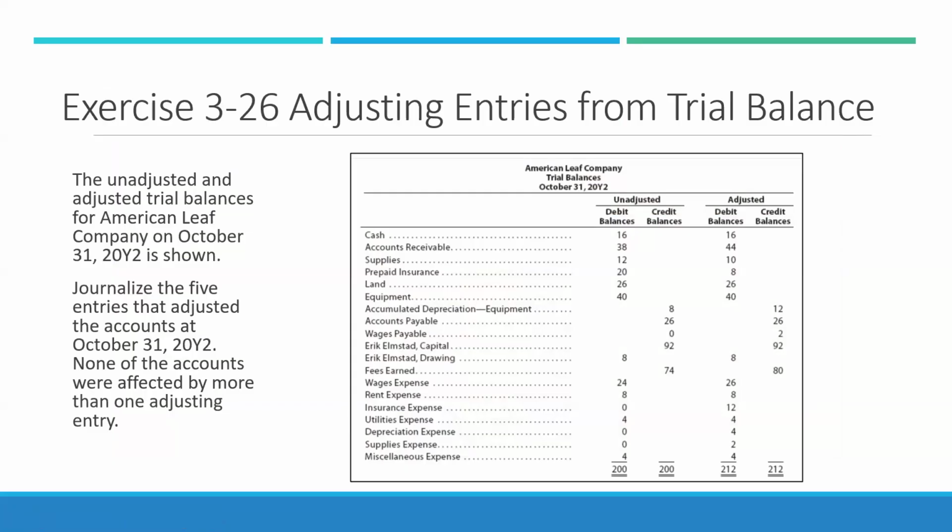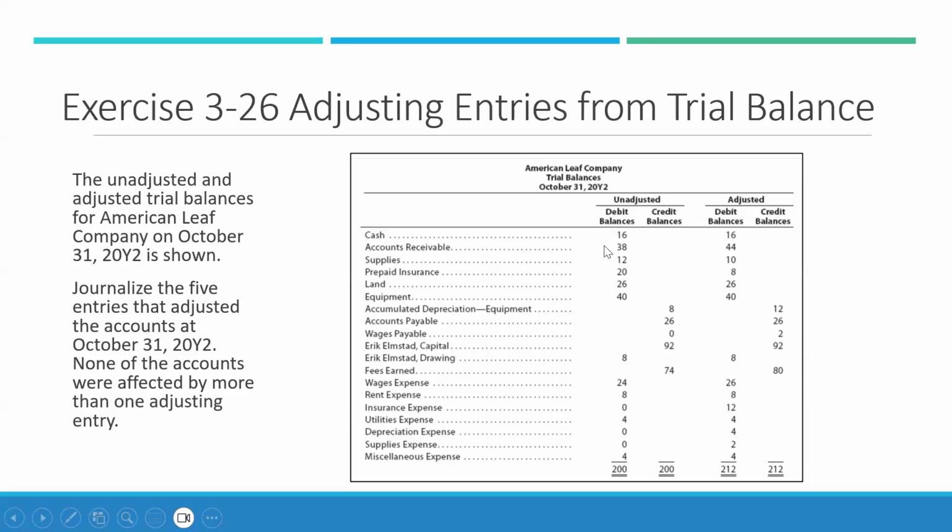The unadjusted and adjusted trial balance for American Leaf Company is shown here. Journalize the 5 entries that adjusted the accounts as of October 31st. So guys, here we know cash isn't going to be affected, but we know accounts receivable is usually affected.